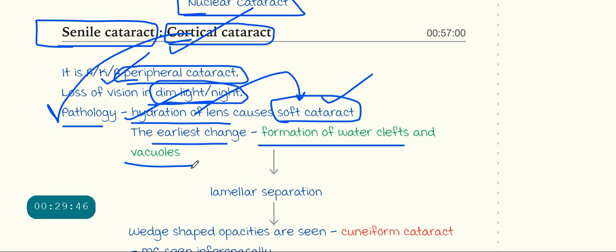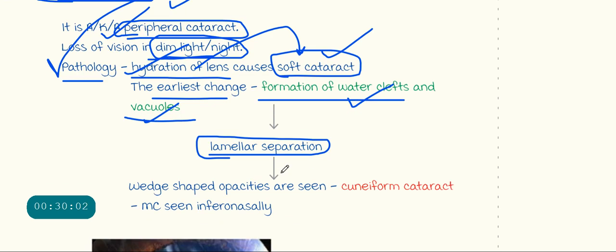After this there will be laminar separation. There would be laminar separation after the formation of water clefts and vacuoles. And the shape would be a wedge shape opacity. Remember this, there is a wedge shape opacity in cortical cataract.